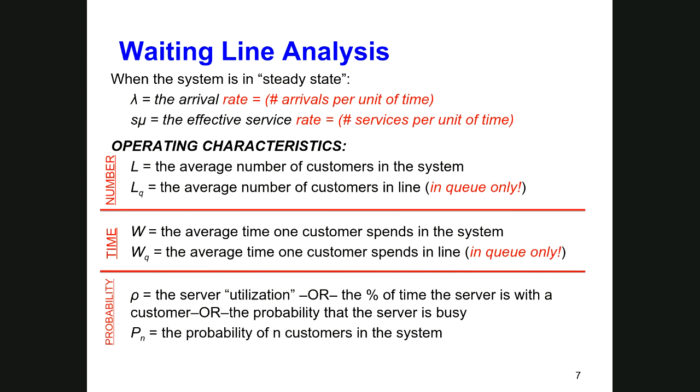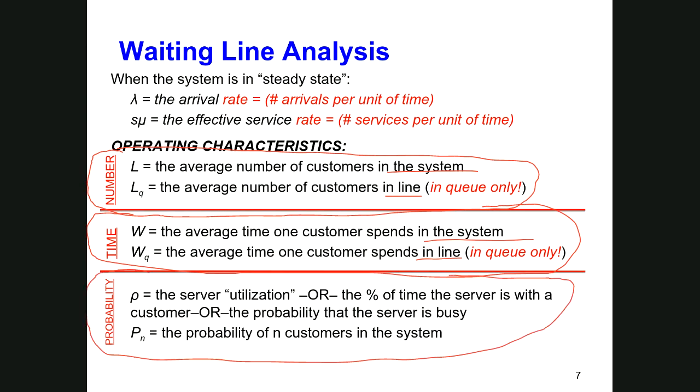Again, our operating characteristics are going to be the same, although how we compute them is very, very different. We'll still have operating characteristics related to the number that are either in the system or in the line. We'll have the waiting times that customers spend in the system or in the line only, or we'll be able to capture probabilities of how busy the server is, or what's the likelihood that a given number of customers are in the system.